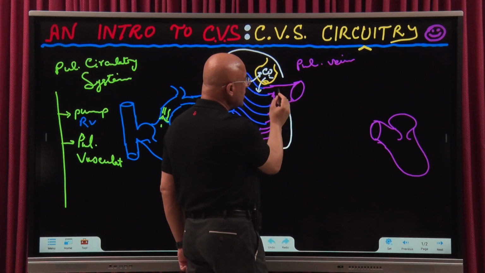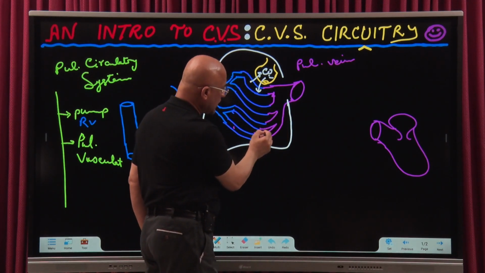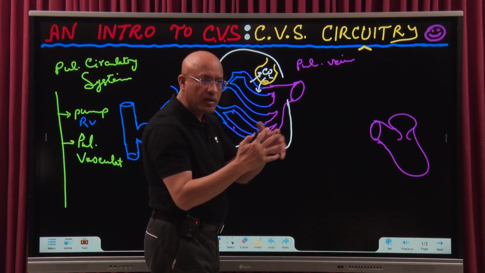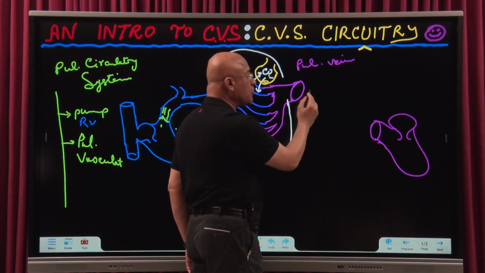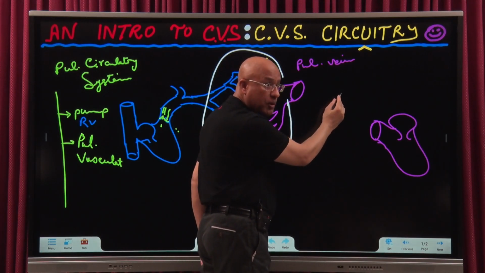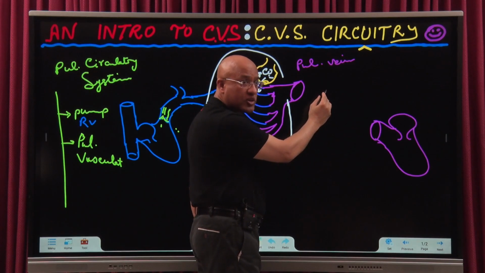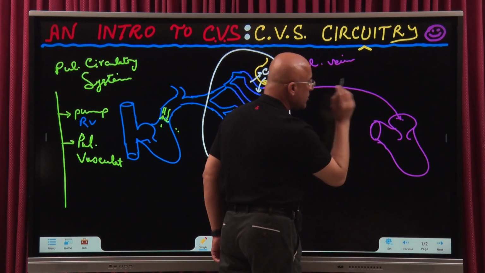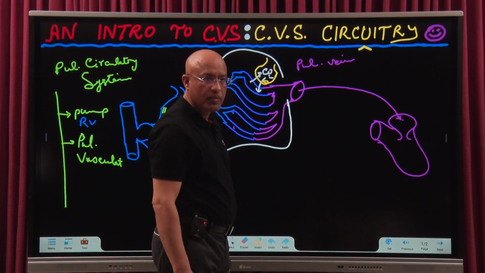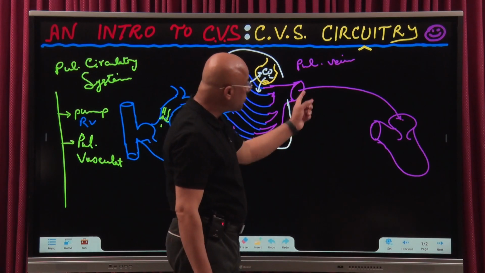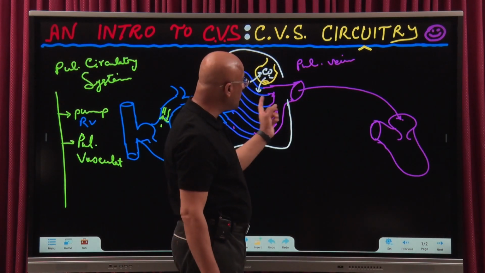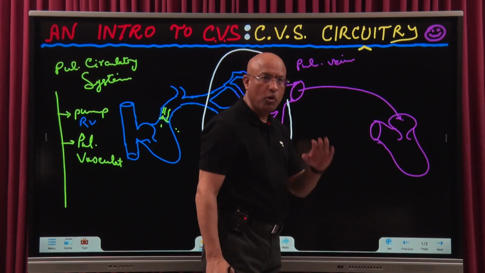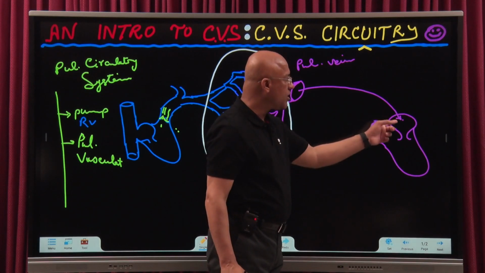These pulmonary capillaries will go into pulmonary venules, and then venules will come together and make smaller pulmonary veins, then larger pulmonary veins, and eventually the largest pulmonary veins will drain into, what is this? Left atrium. They will drain into left atrium. And now this blood which is coming into left atrium from the pulmonary system is more oxygenated, low in carbon dioxide and high in oxygen.